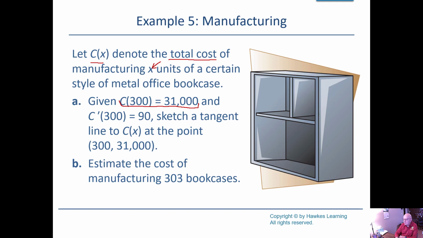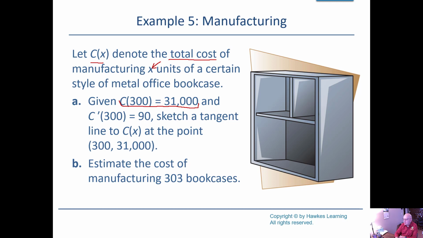What does this mean? This means that when we're to the point where we've made 300 bookcases, how much is it going to cost to make the next bookcase? 90.